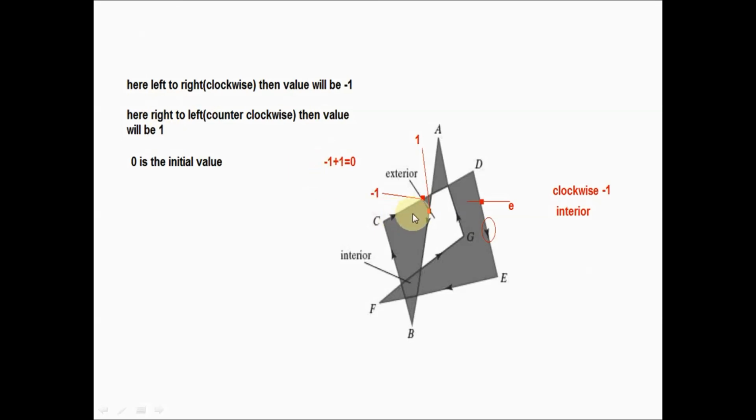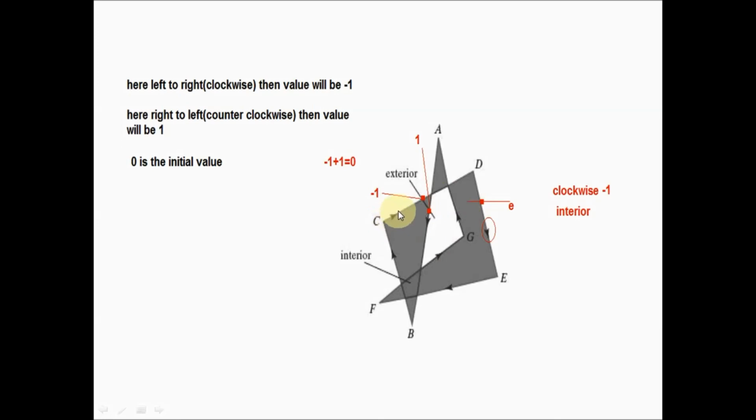Now in the same way you can see the second crossing point, here also the edge is moving. You are standing here only. You can see the arrow mark here, the edge is moving from left to right. For the previous edge, moving from right to left, that is counterclockwise, the value is 1.